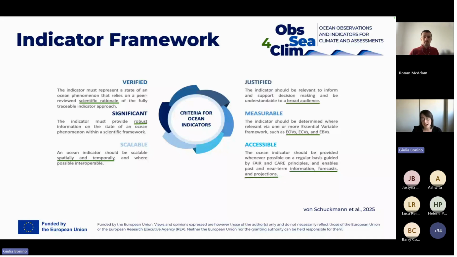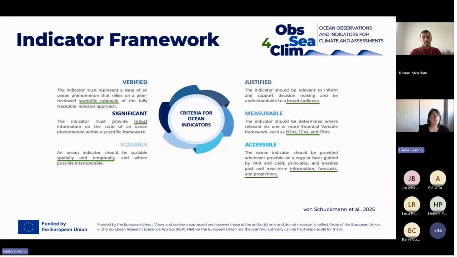It has to be justified, meaning it has to be understandable by a broader audience. Of course, it has to rely on variables that usually are one of the essential variables defined in the essential variable framework, and it has to be accessible, meaning that we can have access to this indicator.